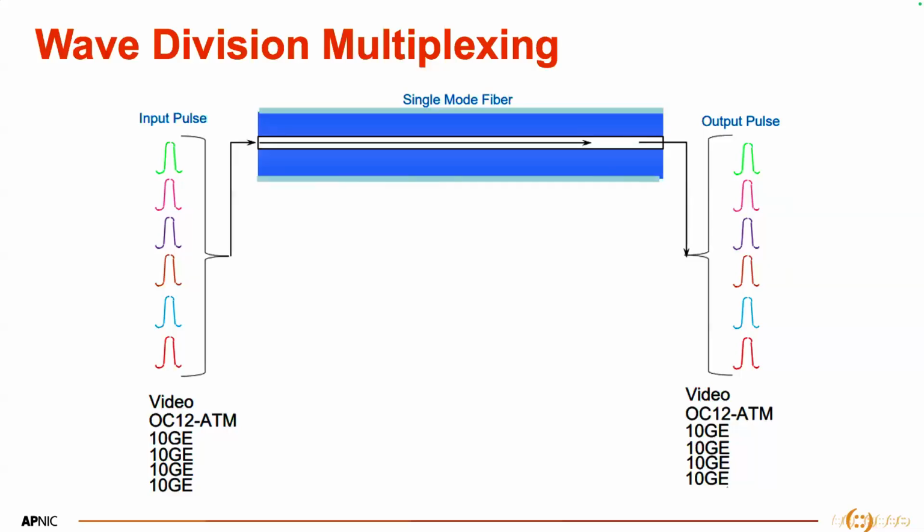It reaches the destination. At the destination, the signal is demultiplexed. Different wavelengths are then sent to different colored cards, and then they are transformed into client signals, and thus the client services are delivered, right? So this is the whole chain of communication. This is the whole high level concept of DWDM communication.